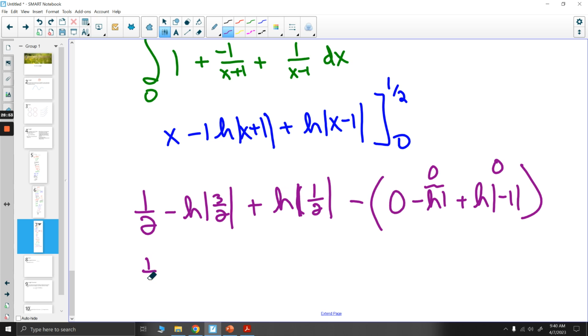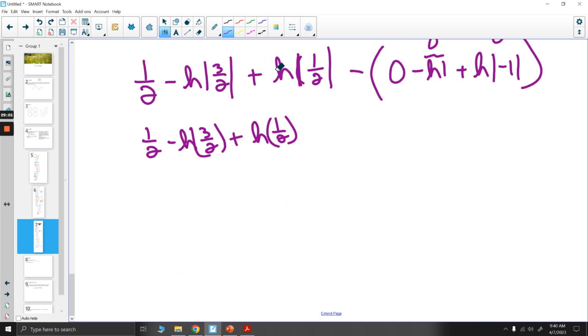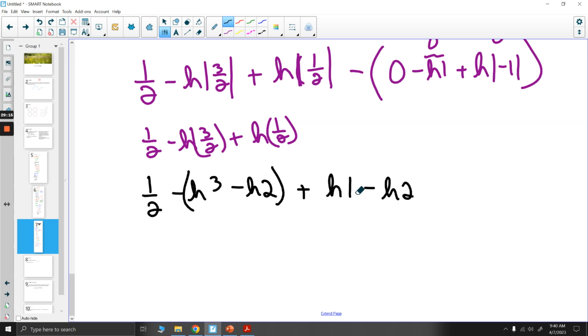So we have 1/2 minus natural log of 3 over 2 plus natural log of 1 over 2. If you think about it, we could actually clean this up a little bit more. This is natural log, so minus natural log of 3 minus natural log of 2, plus natural log of 1 minus natural log of 2.